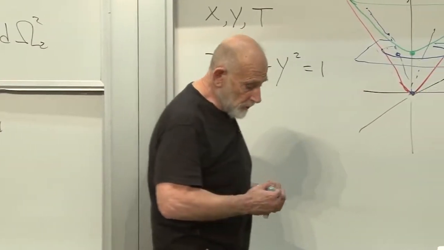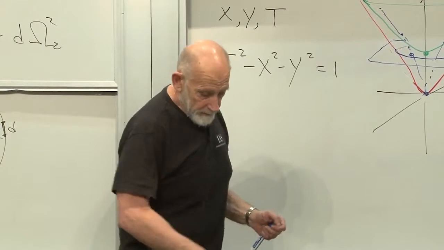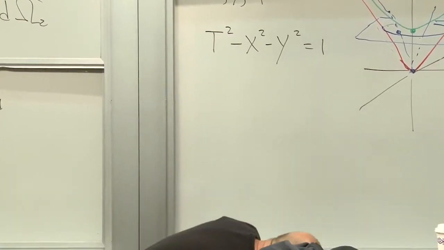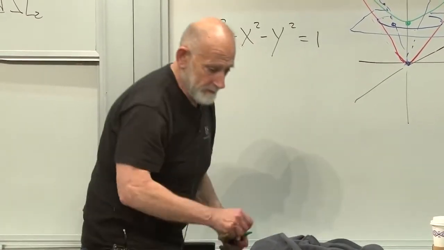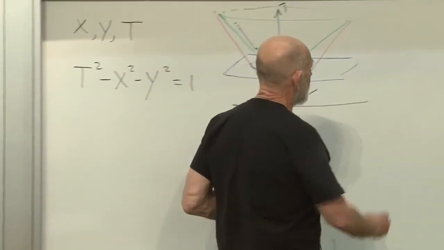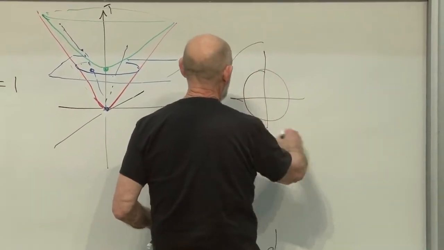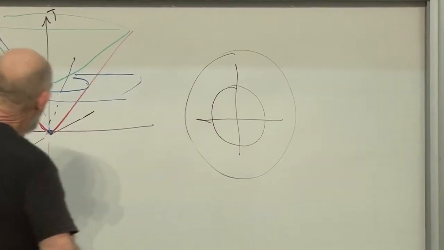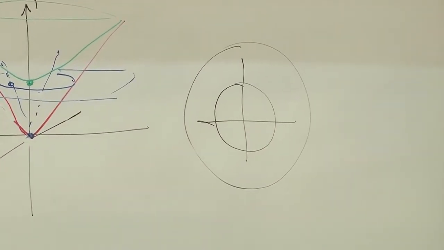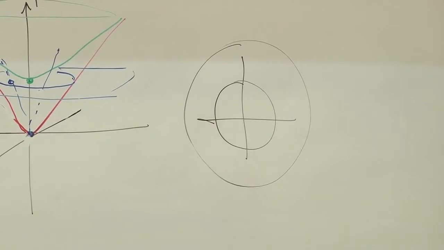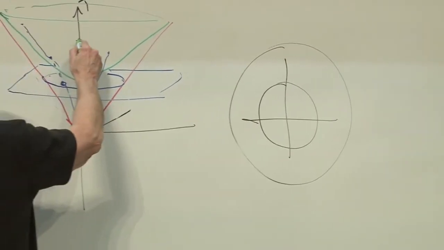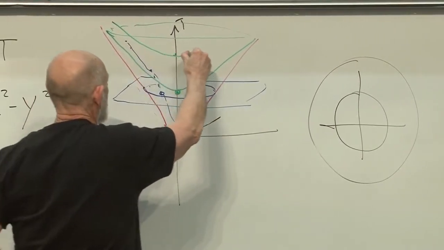Just as you could also draw a sphere of radius 2, here's a sphere of radius 1, here's a sphere of radius 2. You can also draw a hyperboloid of radius 2. What you would do is just go up to 2 units here, and it would look like this.